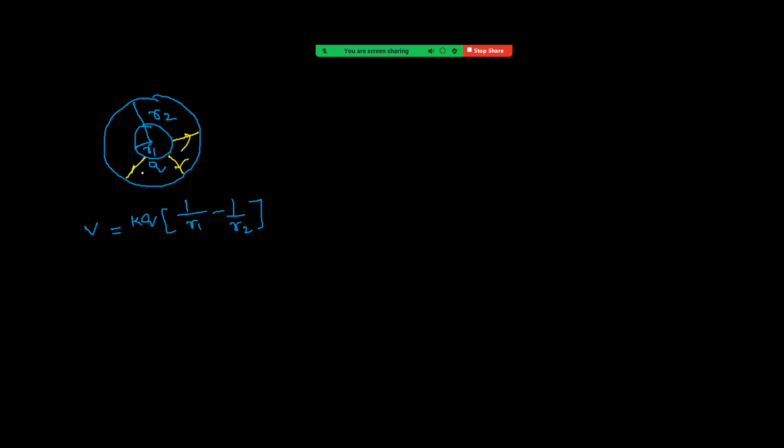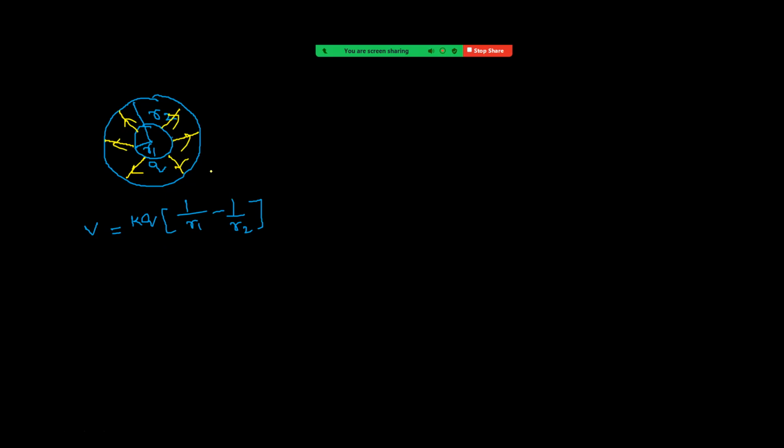So when electric field is there, there will be potential difference between those two. Even this relation is not required to conclude this. When there is a charge on inner one, there will be electric field. So when there is electric field, there will be potential difference.